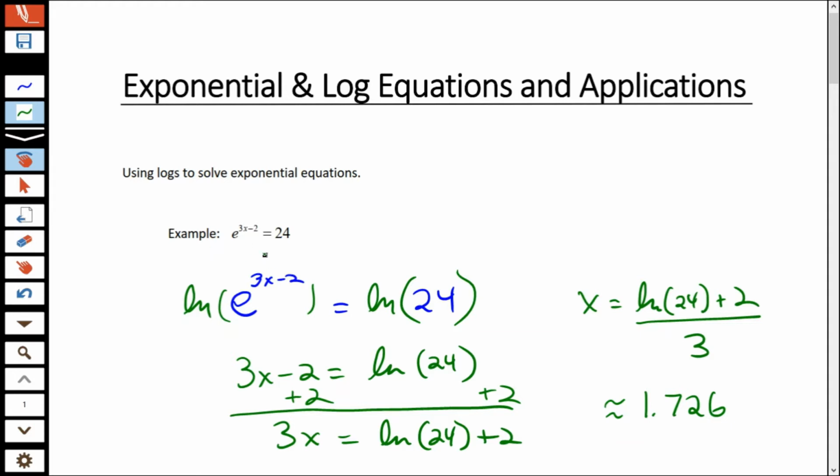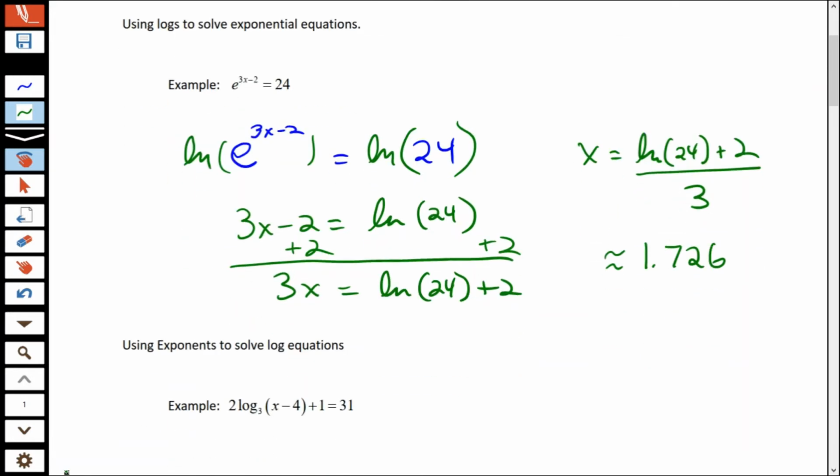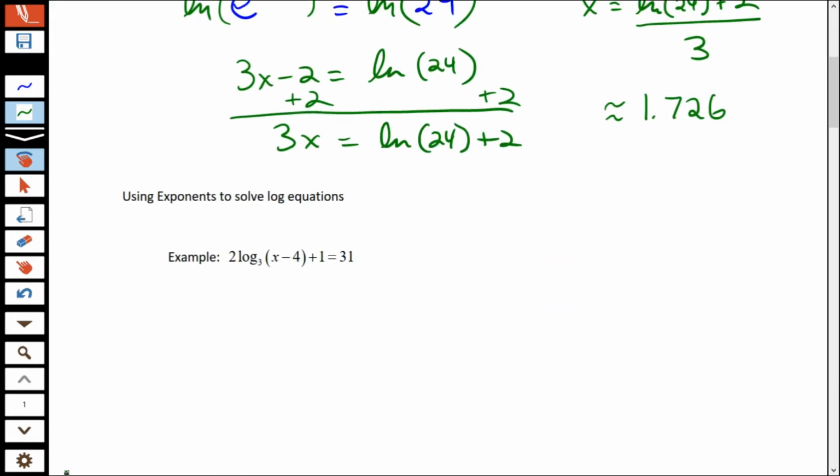All right, for a similar example but having to deal with logs, take a look at this equation. So before we had an exponential in the equation and we used logs to undo it, now we have a log in this equation, this log base 3 of x minus 4, and we're going to try and undo that. But to get there, you first have to get rid of the addition and subtraction and the multiplication outside.